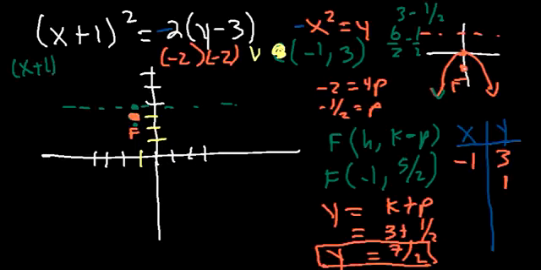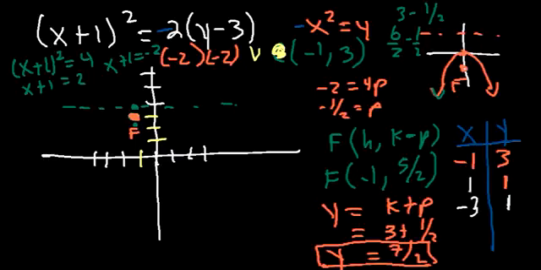So if x plus 1 squared is equal to 4, x plus 1 is equal to plus or minus 2. If x plus 1 equals 2, subtracting 1 from both sides, I get x equals 1. And for the other one, negative 2 minus 1 is negative 3.